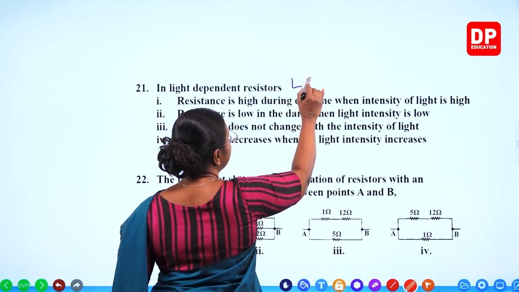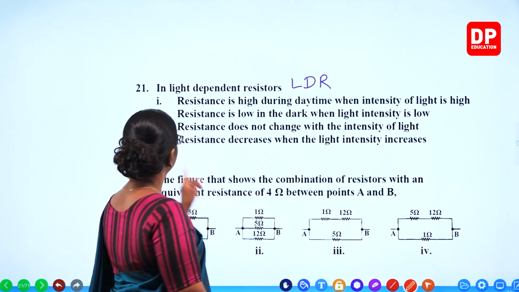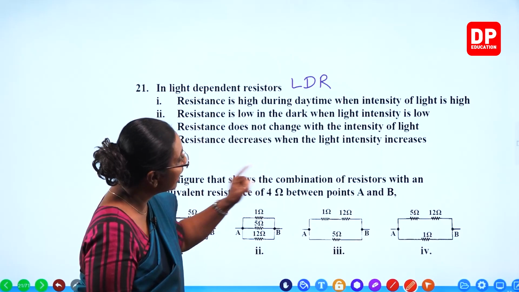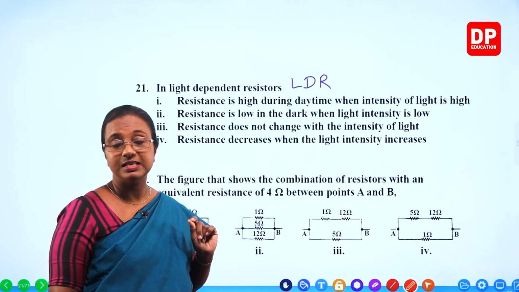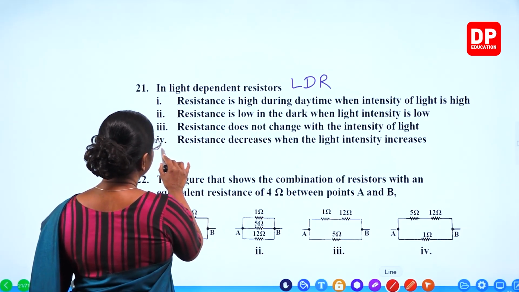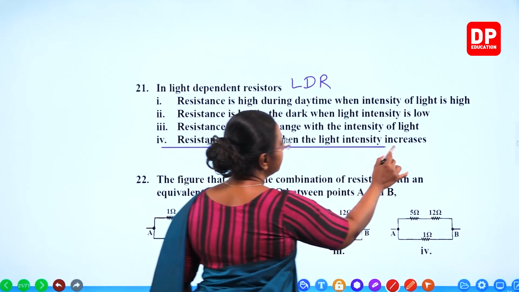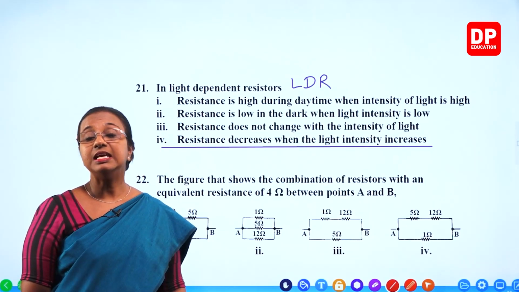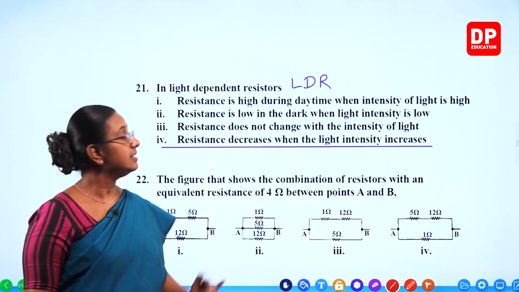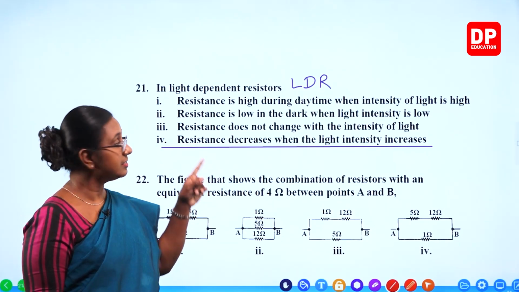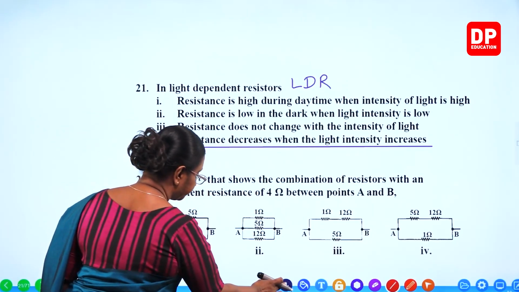The fourth one, resistance decreases when the light intensity increases, is correct regarding LDR.